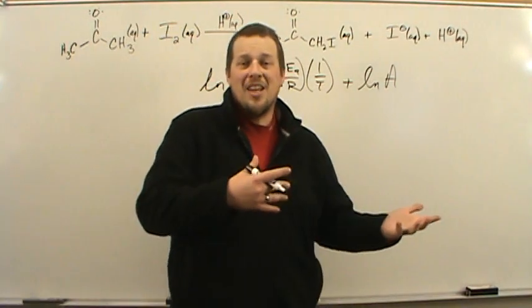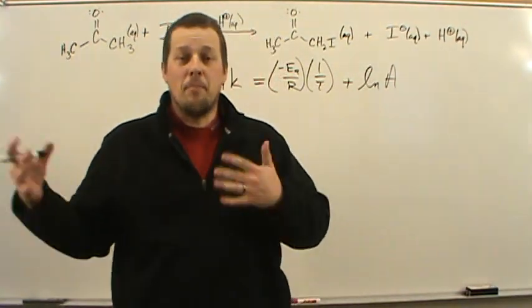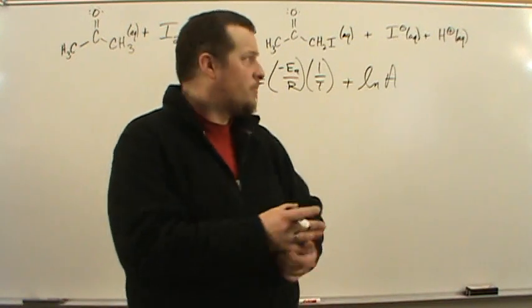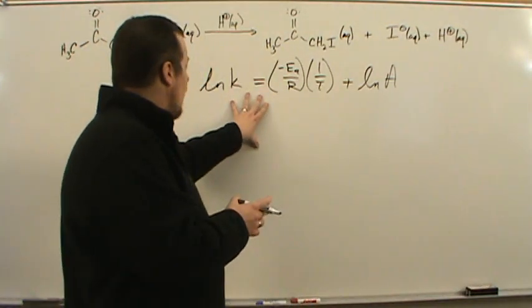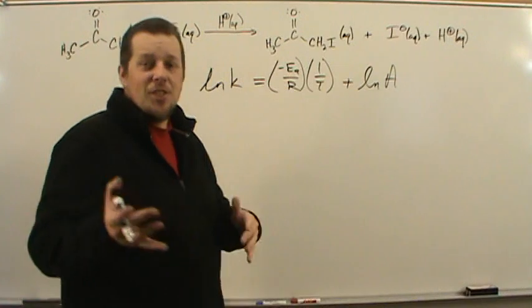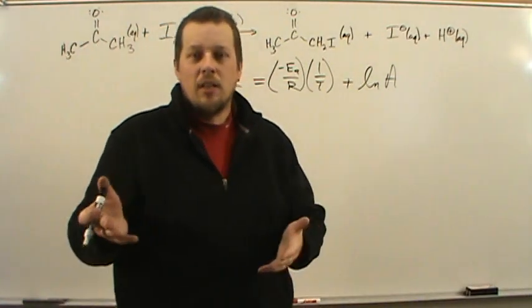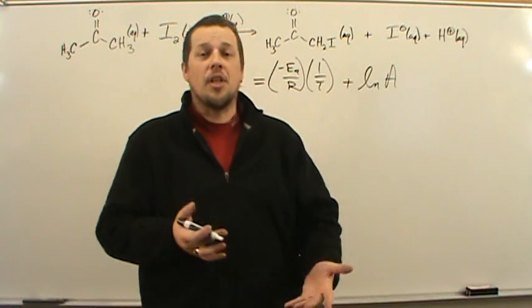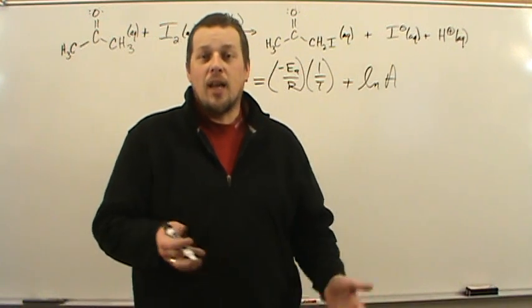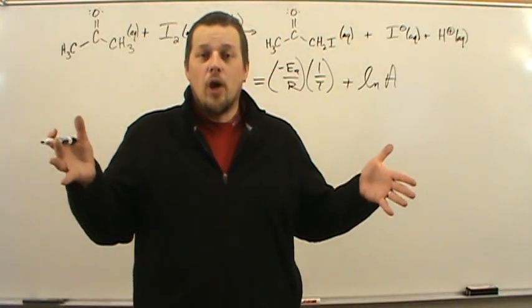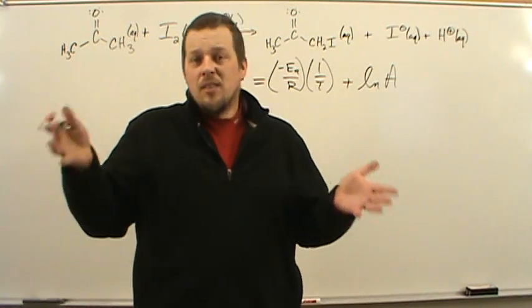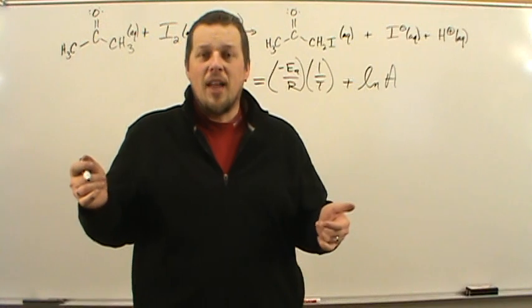You're used to plugging numbers into that comparative form and mathematically solving for the answer you're looking for. In the linear form, we're not just plugging numbers in and solving mathematically. The reason we use the linear form is so that we can graphically determine what the activation energy is. And by doing that, we can get away from a little bit of the error.